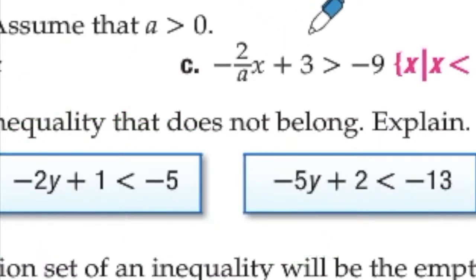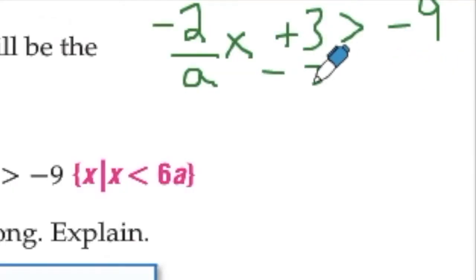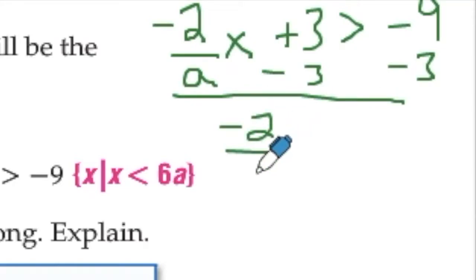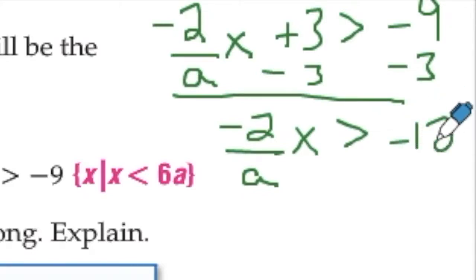On letter C, we have negative 2 over a times x plus 3 is greater than negative 9. I'll subtract 3 first to get negative 2 over a times x is greater than negative 12.